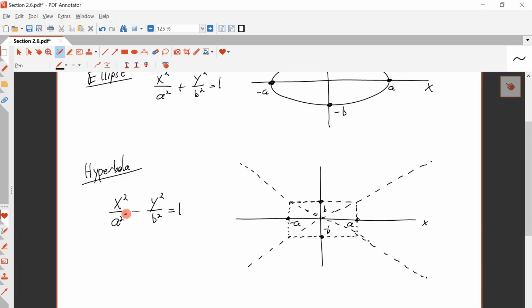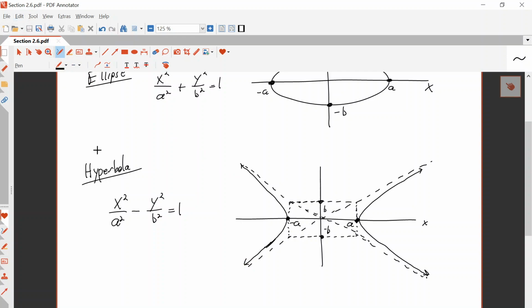And then if the coefficient of x is positive and the coefficient of y is negative, then the hyperbola opens along the x-axis. And it's got these slanted asymptotes here, given by this box. And that's the hyperbola for this equation.